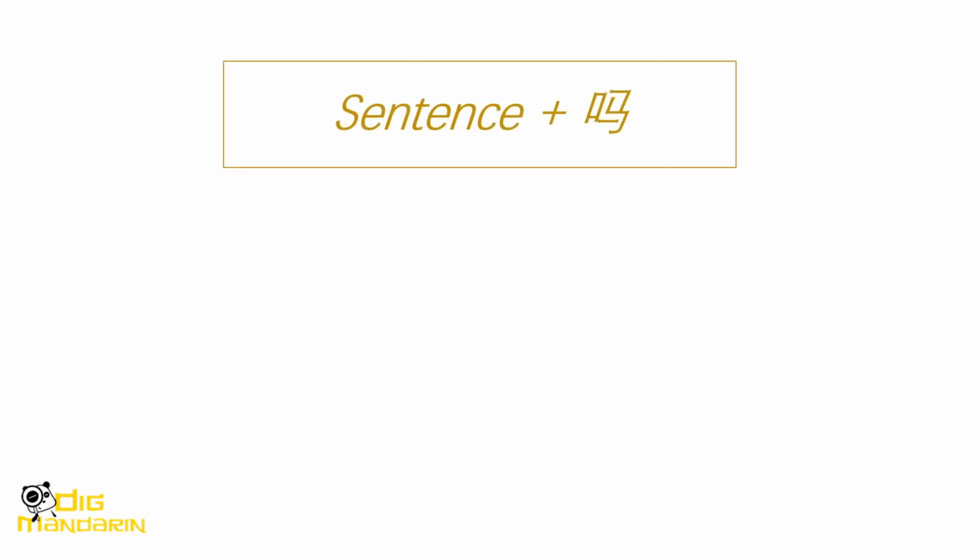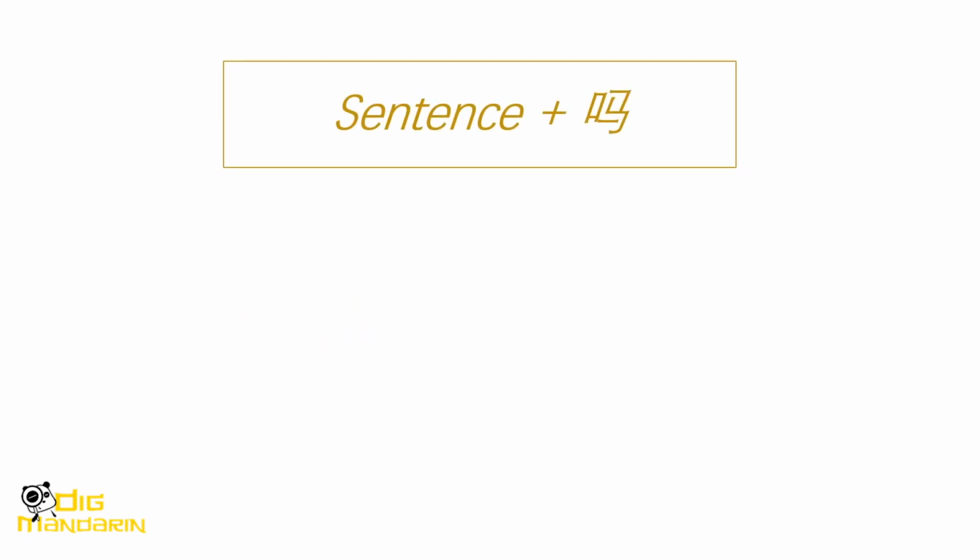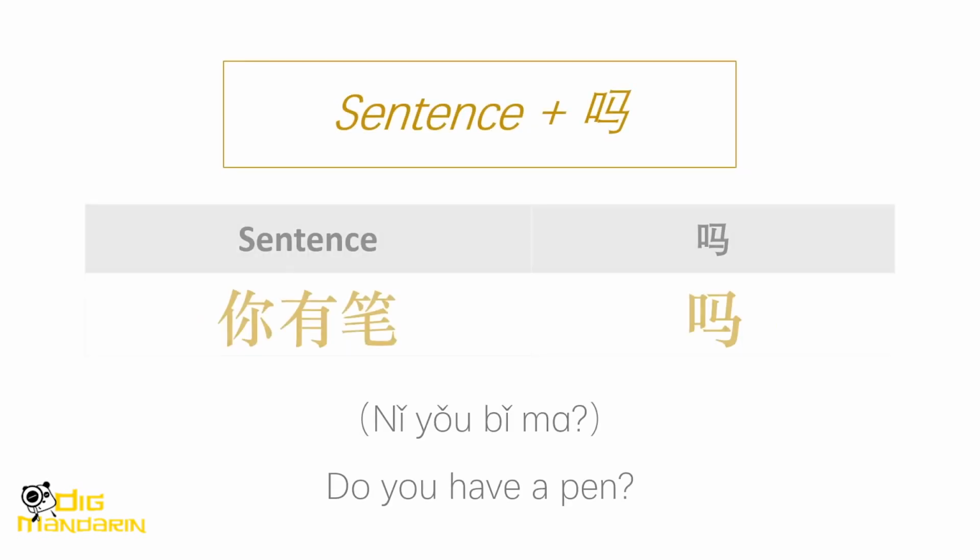Well, let's look at some examples of sentence plus 吗 in this structure. Example 1. 你是英国人吗? Are you British? Example 2. 你有笔吗?